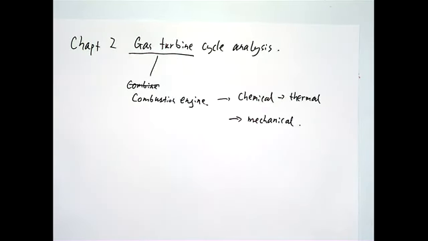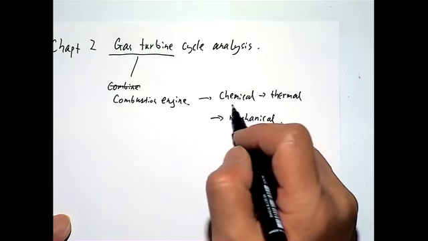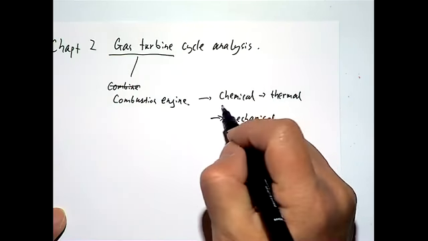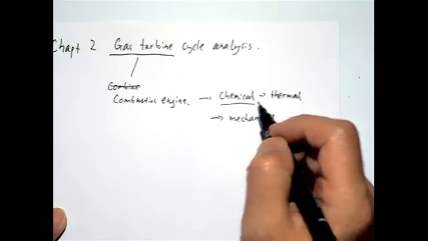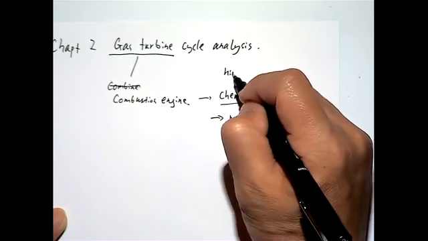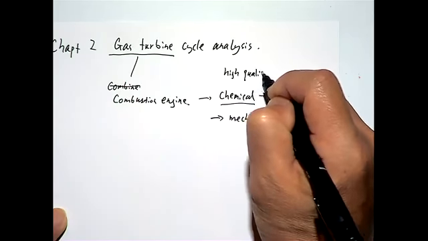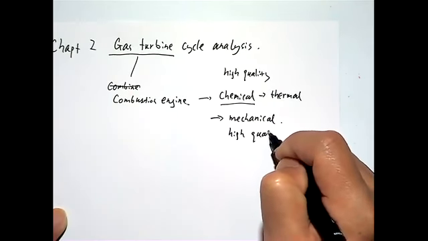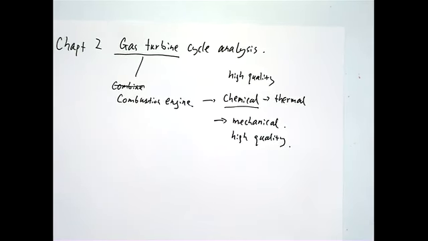All right. So this process is, I should say, inherently inefficient. And the reason for that is, if you consider the quality or the ranking of the different energy forms, chemical is a high quality, and the mechanical is also a high quality in terms of the potential or capability to be converted to work.